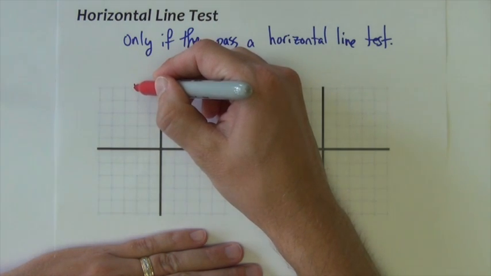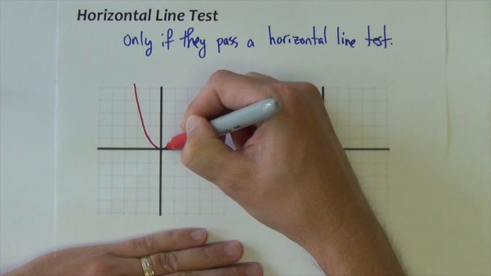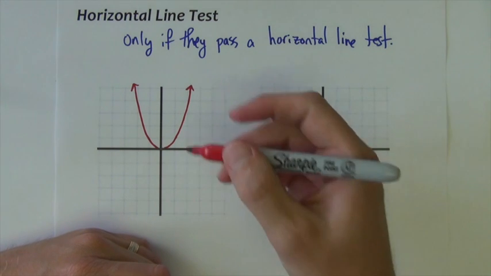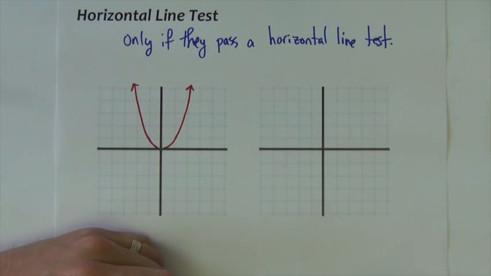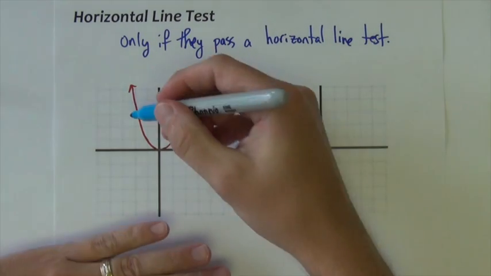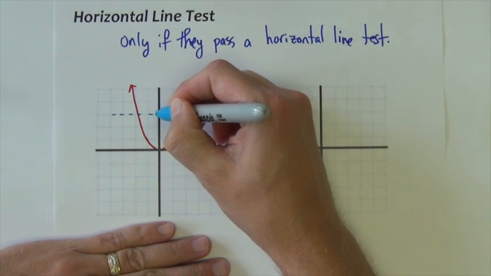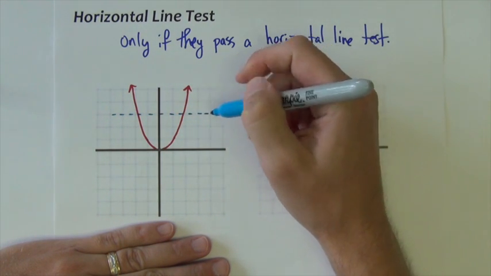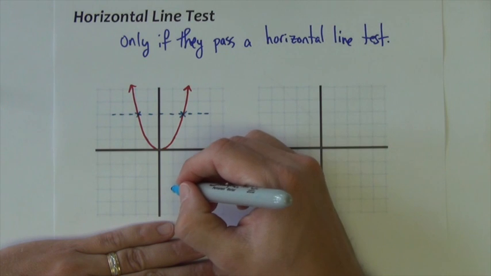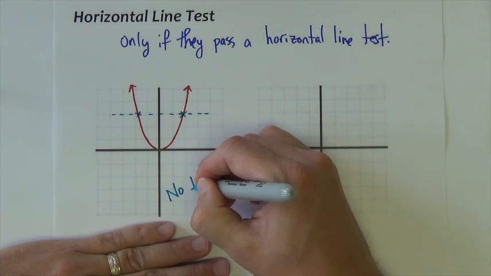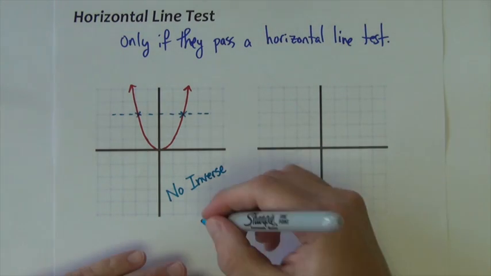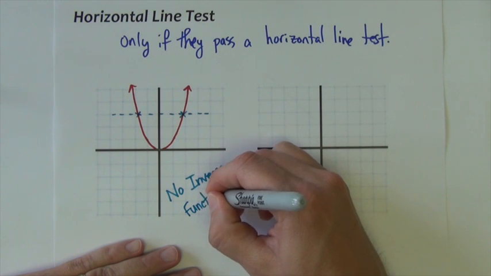If I were to take a quadratic function, so we've just got y equals x squared, a basic quadratic function. If I were to throw through this quadratic function a horizontal line, notice that the horizontal line hits this graph in two places. Since it hits it in two places, it has no inverse function.